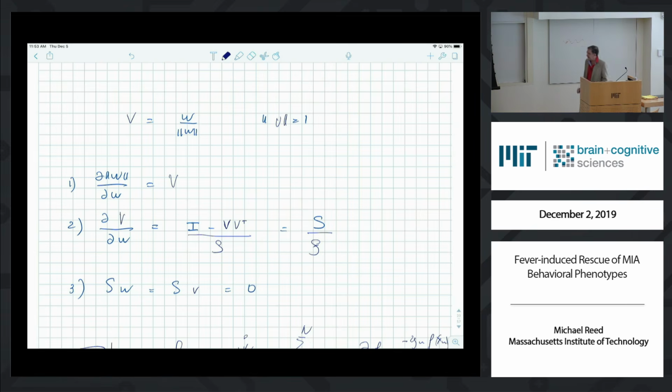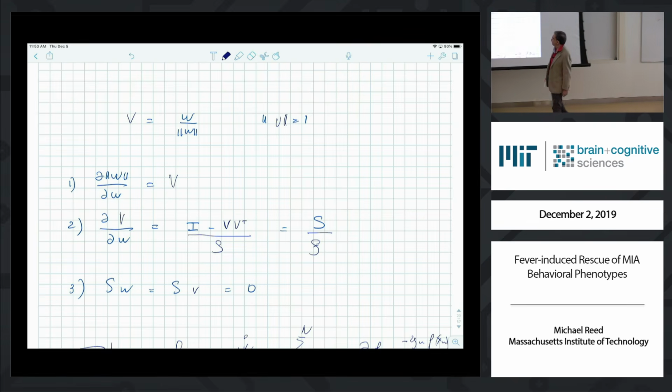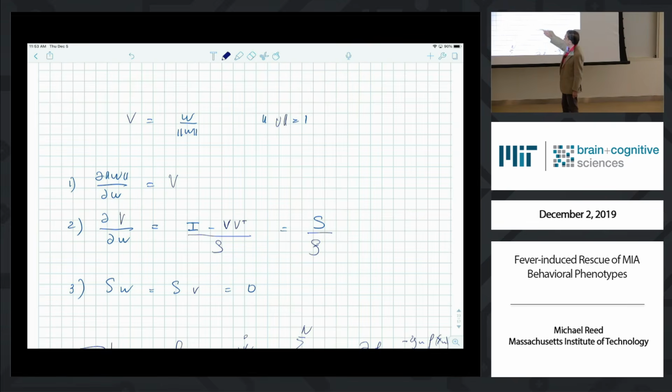And if you work out these various definitions, it is a little bit painful, but you can see this basic relation: the derivative of the norm of W with respect to W is equal to V, and the derivative of V with respect to W has this particular structure, term S divided by rho.